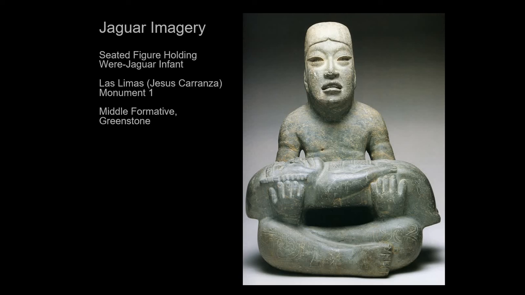This is sometimes referred to as the infant and child. When this was discovered, of course, it was discovered in a Catholic area, and they kind of associated it with the Madonna and child. But it's not a Madonna and child. It's not actually even a woman. We have a man seated here, and on his lap, in his folded legs, he holds one of these infants.